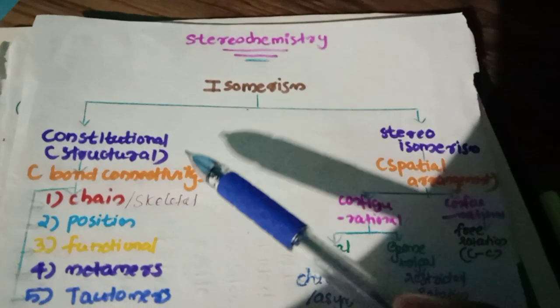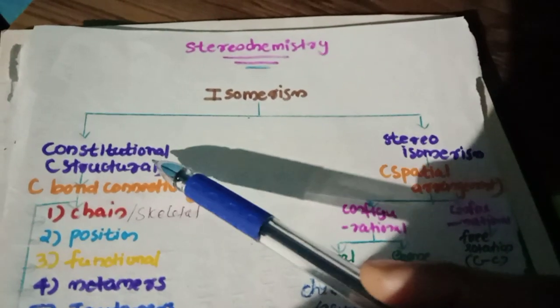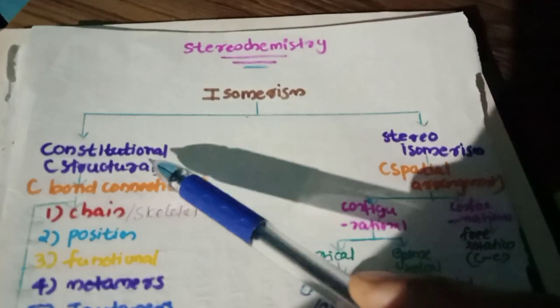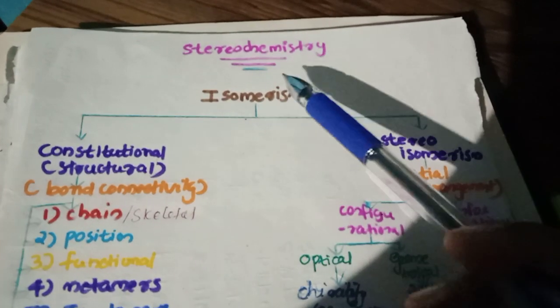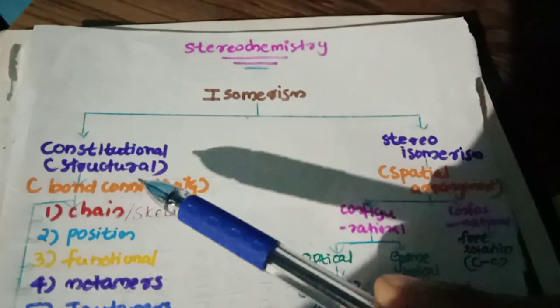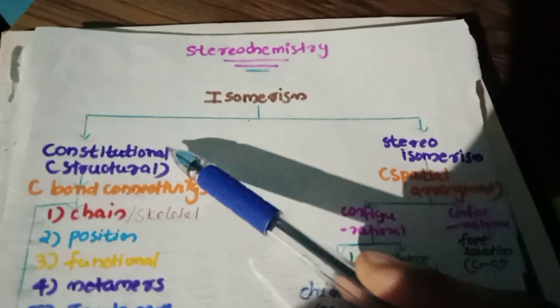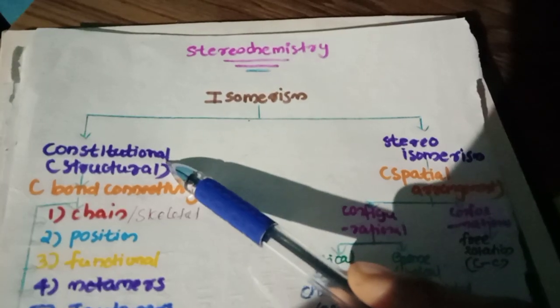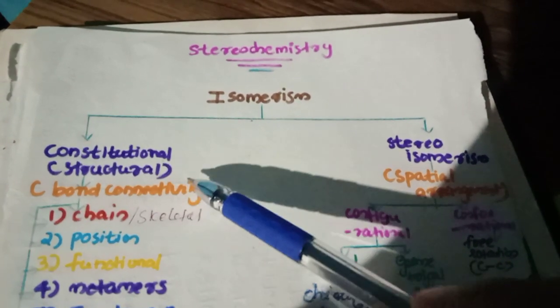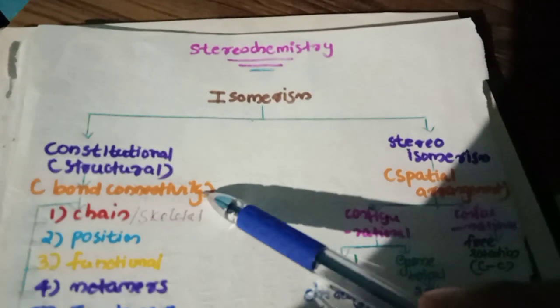Okay, first we have to discuss constitutional or structural isomerism before jumping into the topic of stereochemistry. So the first concept is constitutional or structural isomerism, which arises due to the difference in bond connectivity.